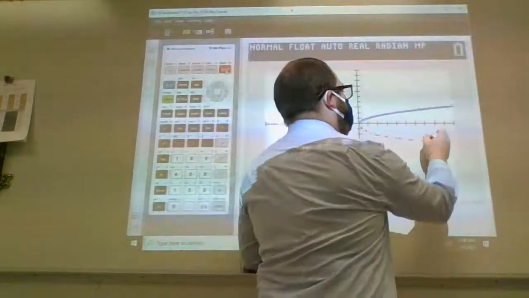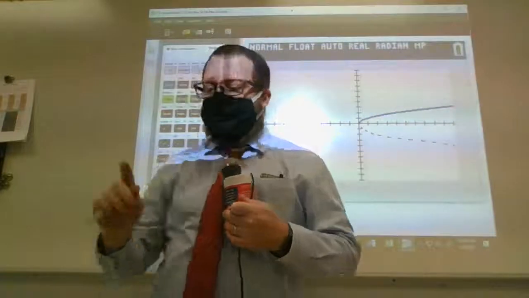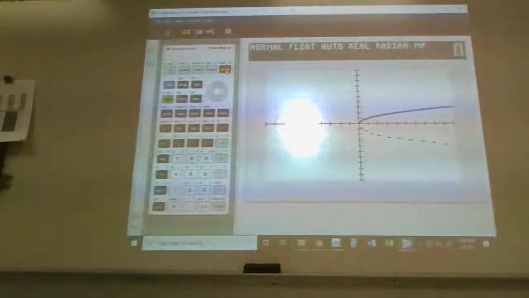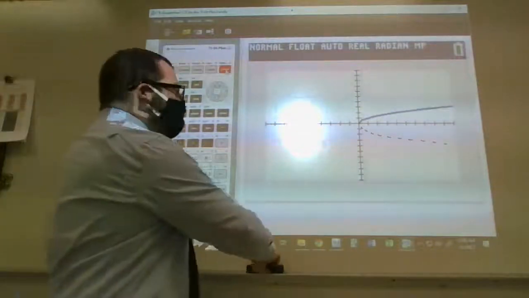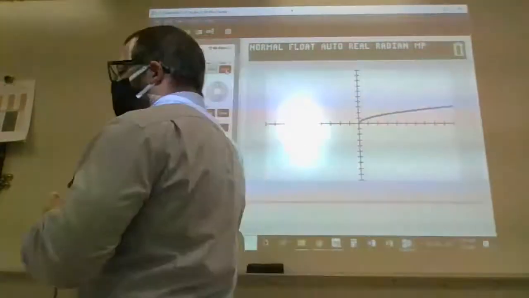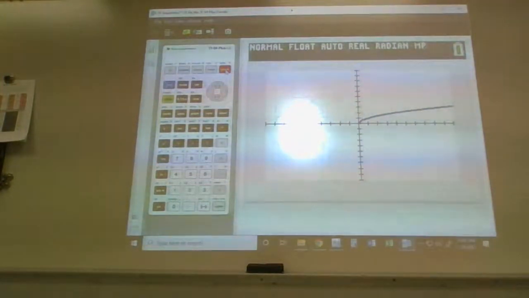Basically, if a vertical line can be drawn and it goes through more than one point, then that would not be a function. The pure definition of being a function is that for every input, there is exactly one output. The square root function, unfortunately, then can only be half of that parabola.